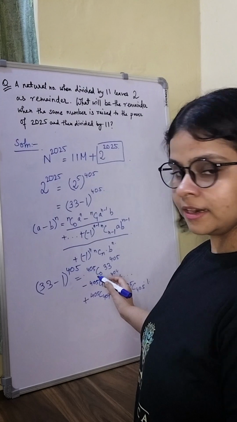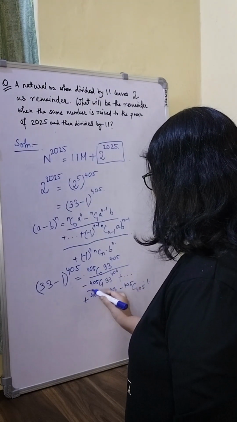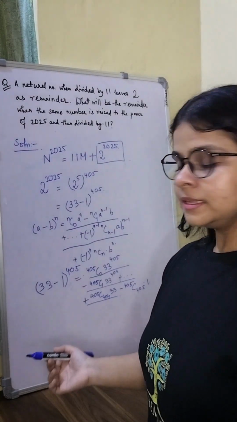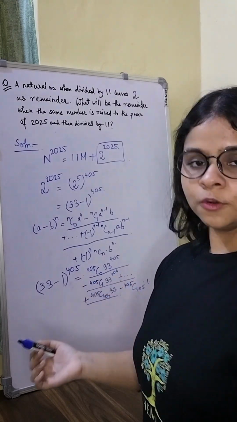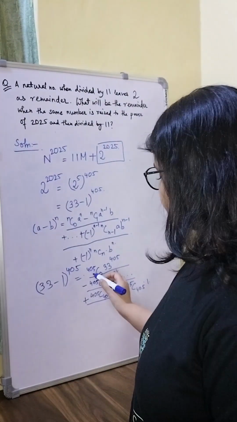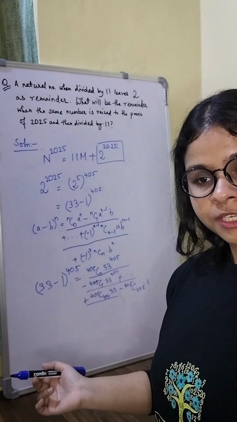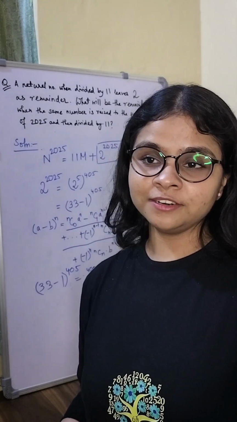So, again, from the first term to the second last term, each term contains powers of 33. So, each term from the first term to the second last term is a multiple of 33, which in turn is a multiple of 11.